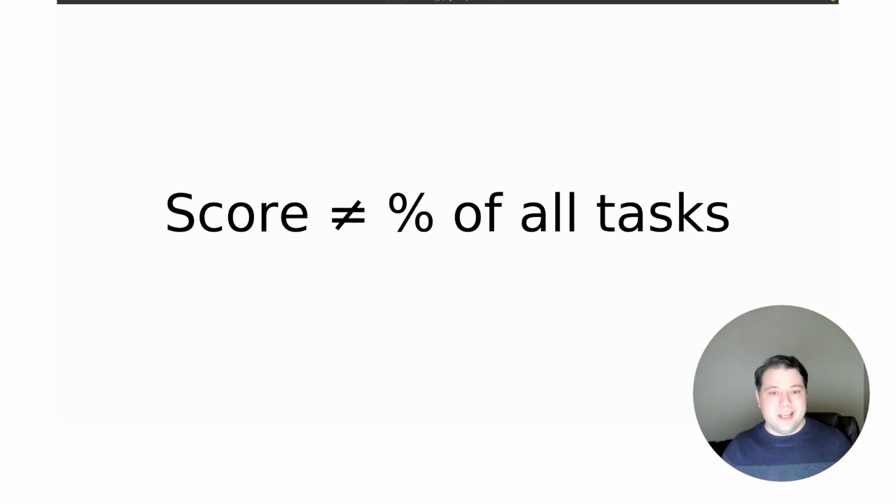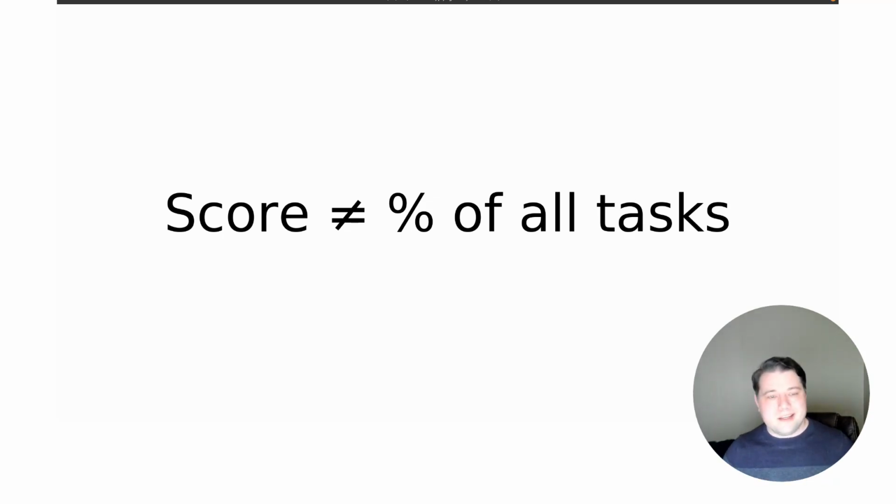No. Actually, surprisingly, it doesn't mean anything of the kind. The score in SWE-bench does not mean the percentage of all pull requests on GitHub that you would want to point one of these tools at, because there is sampling bias. Specific examples were chosen for their suitability in this benchmark, and that's non-trivial. That makes a huge impact.